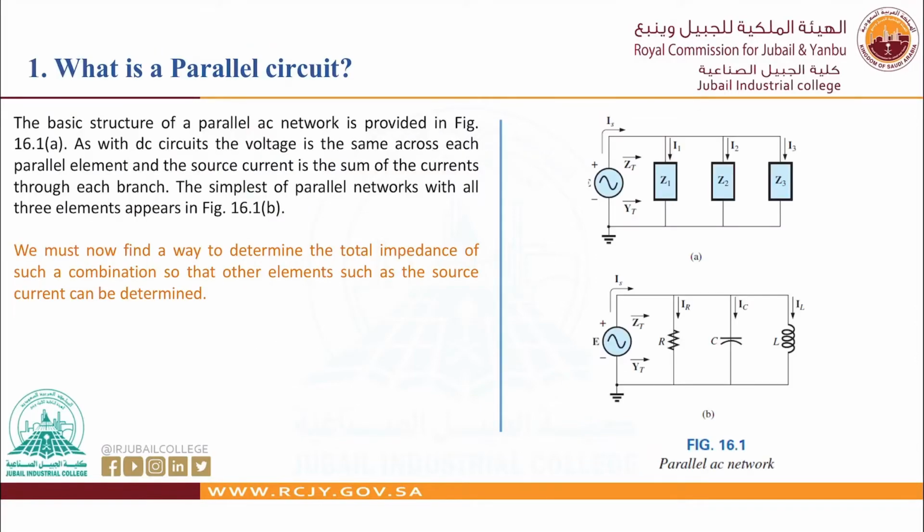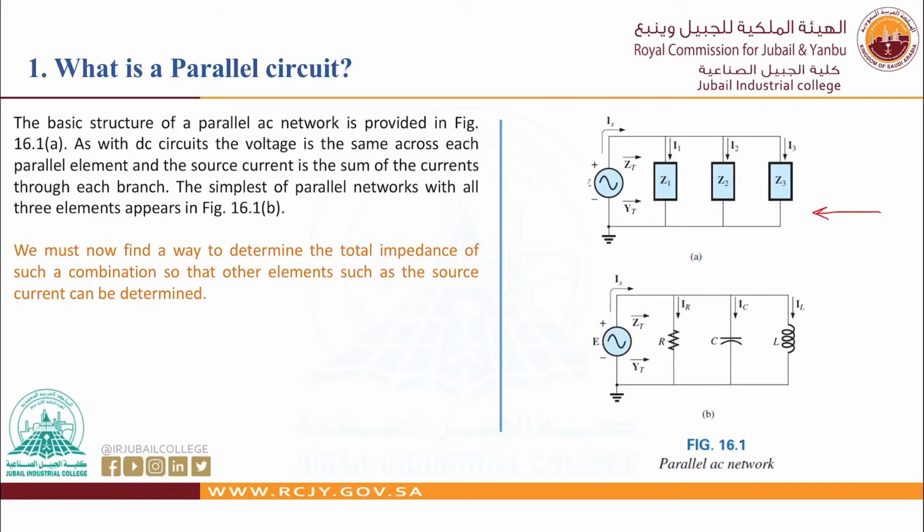Okay. Now, what is a parallel circuit? The basic structure of a parallel AC network is provided as you can see in the figure here. This is the parallel circuit. We know it's from circuit 1. But here, we know that there are some angles affecting the total impedance, right?